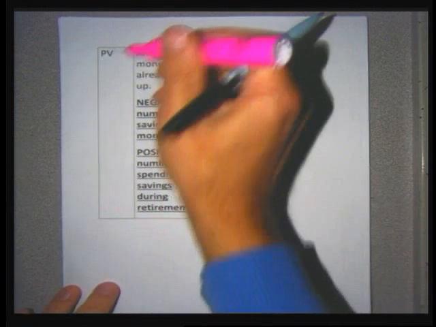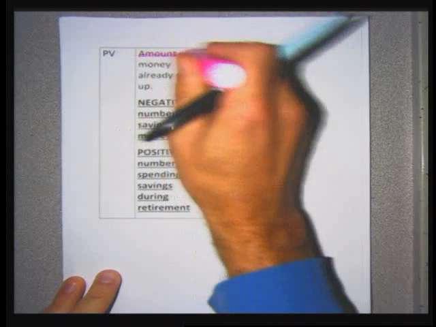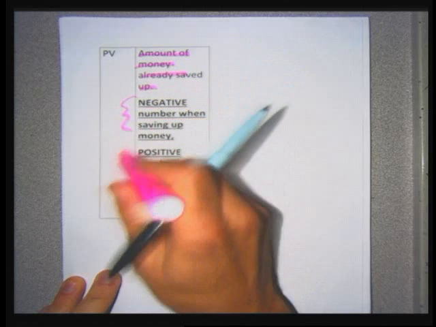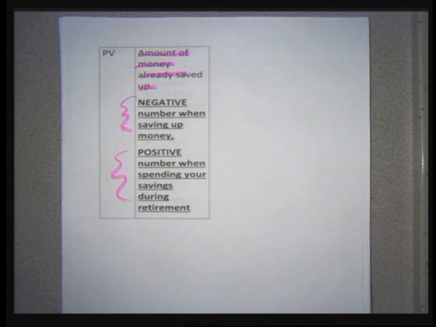In this section, when we're saving money, the PV is the amount of money that we already have saved up. And the horrible thing is, its sign depends on what you're doing. While you're saving money, the PV gets a negative sign. While you're spending your money after you're retired, it gets a positive sign.